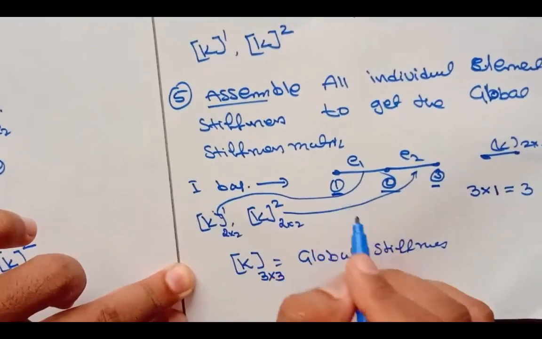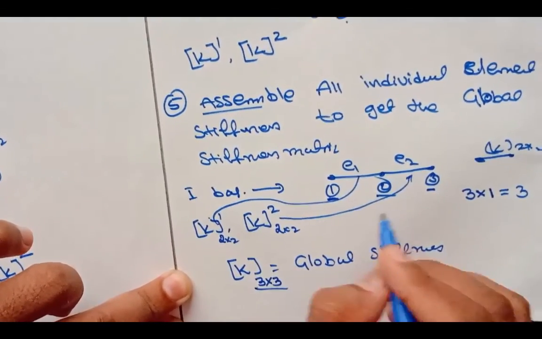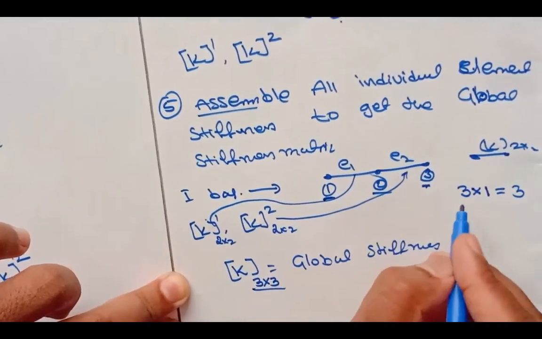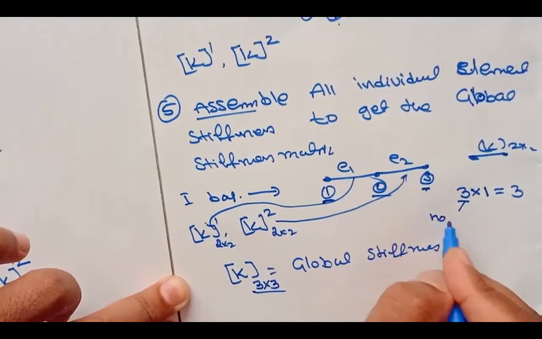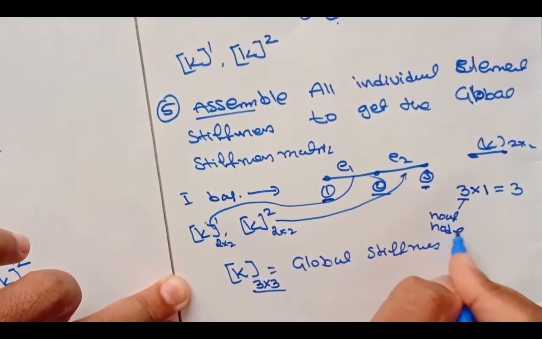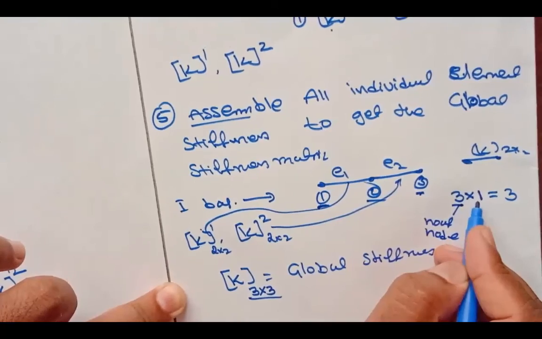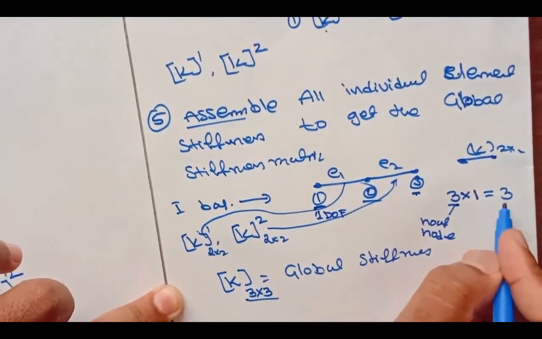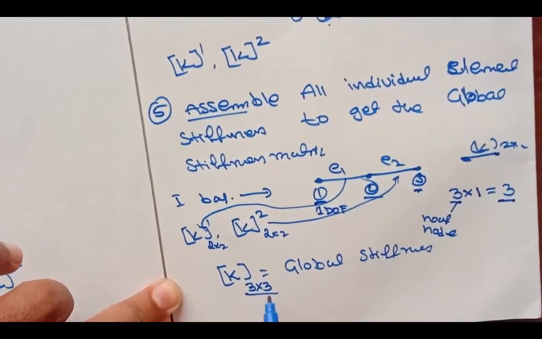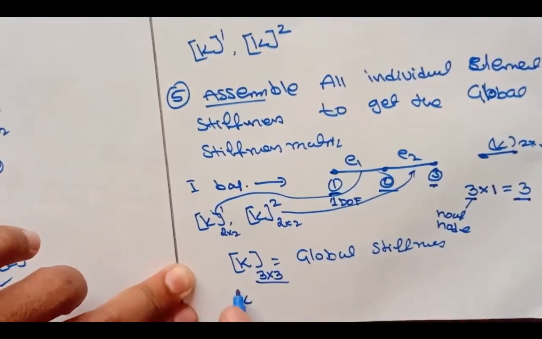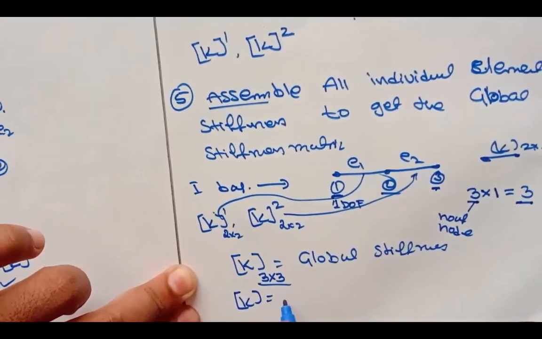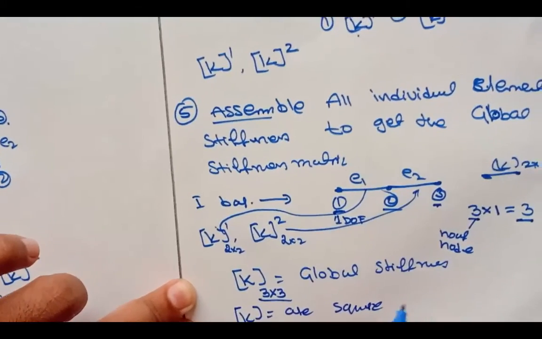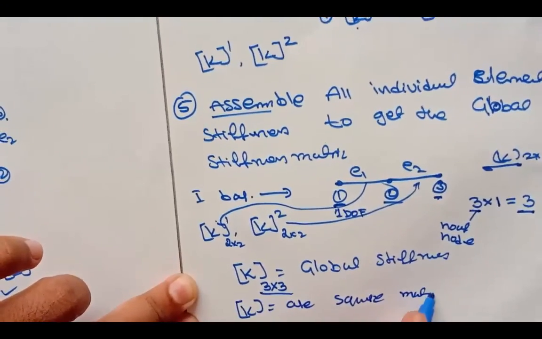Again I am repeating, in this discretization the total number of nodes is 3 and each node has only 1 degree of freedom, so 3 into 1 becomes 3. Therefore the global stiffness matrix is always a square matrix, so it would be 3 by 3 only.